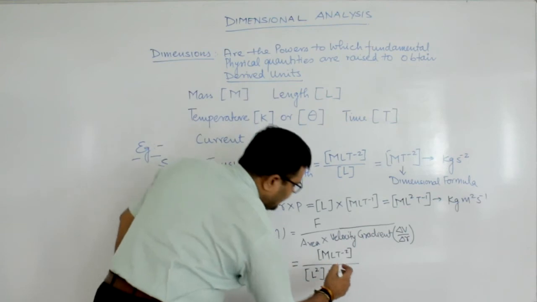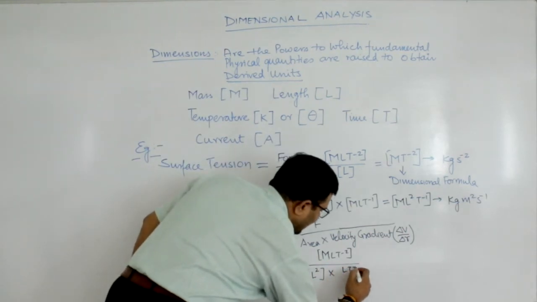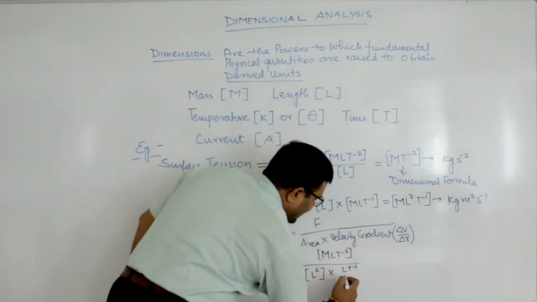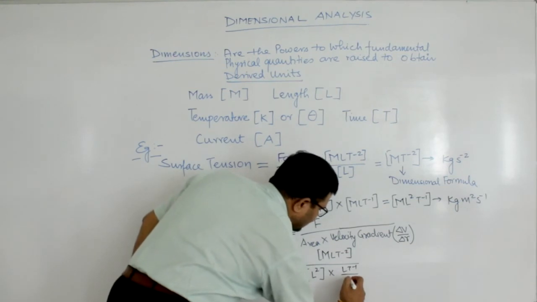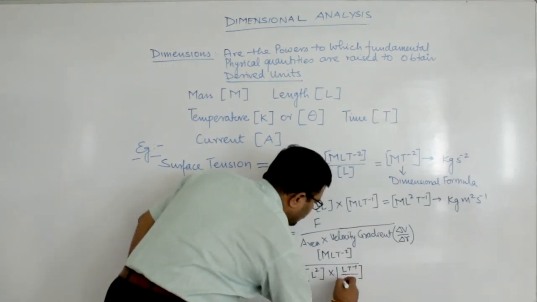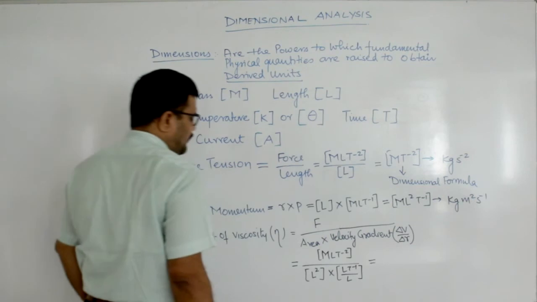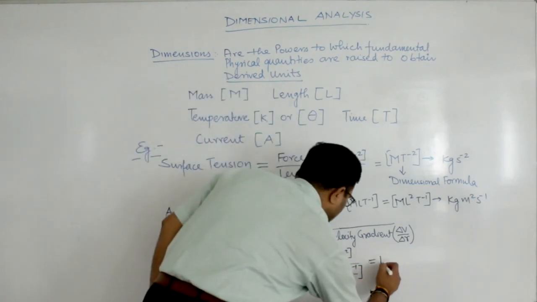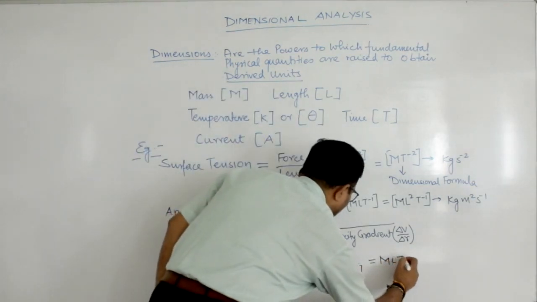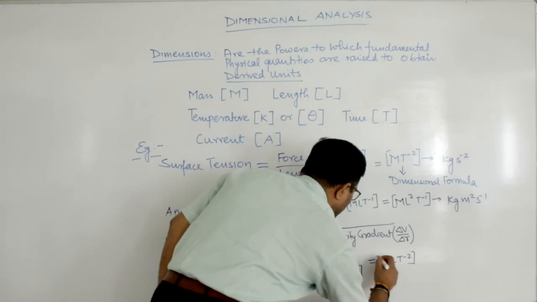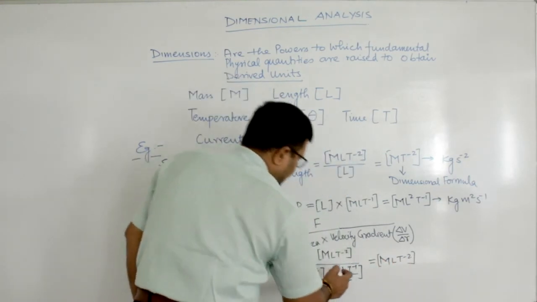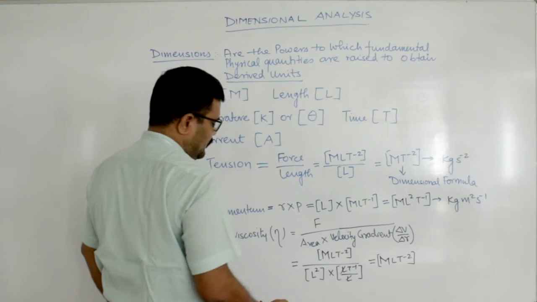Velocity gradient is change in velocity, LT^-1, divided by r, that is L. So now the dimension of coefficient of viscosity will be MLT^-2, and this L and L cancel out.